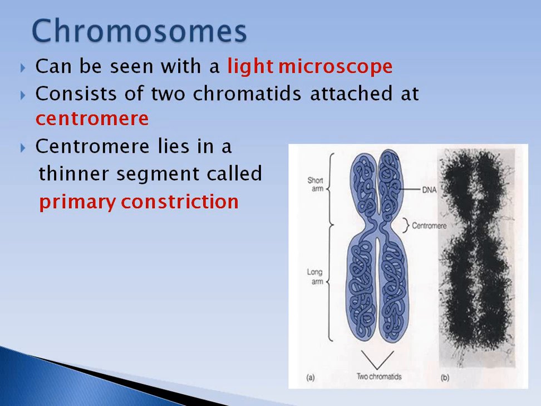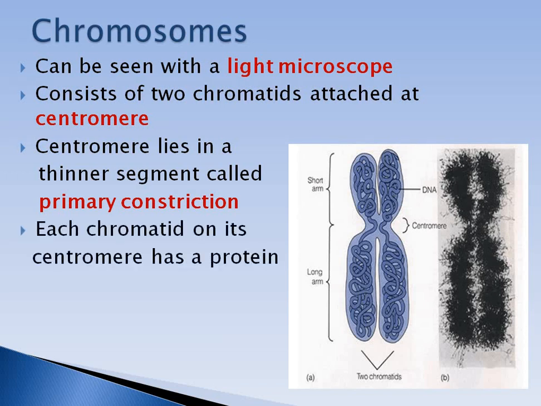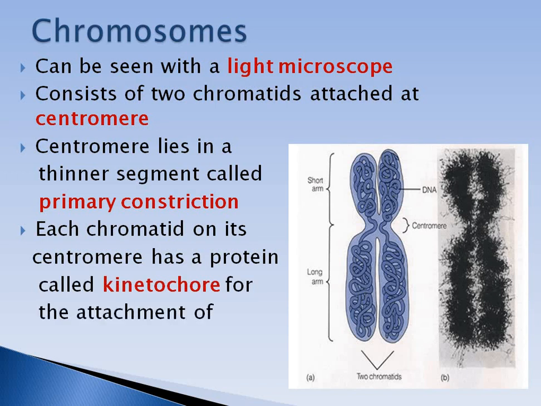So this thin segment is called the primary constriction. And each chromatid towards its outer side at the primary constriction, or at the centromere, has a protein called kinetochore for the attachment of microtubules during cell division.